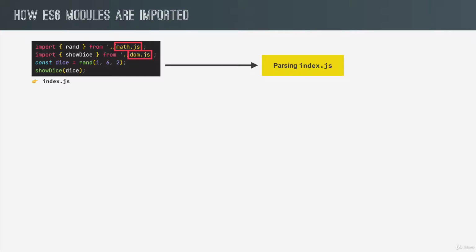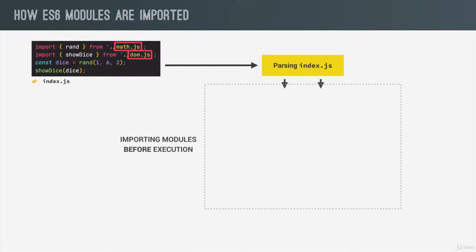So we talked about that way back. But remember that parsing basically means to just read the code, but without executing it. And this is the moment in which imports are hoisted. And in fact, the whole process of importing modules happens before the code in the main module is actually executed.